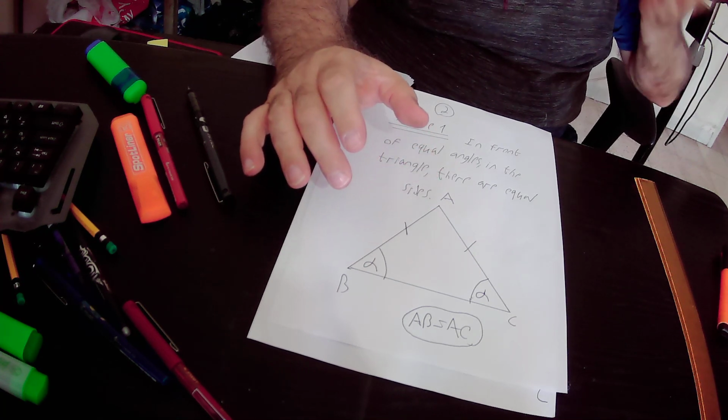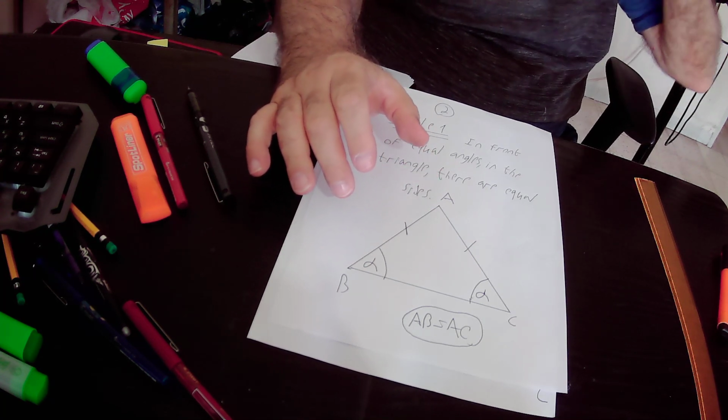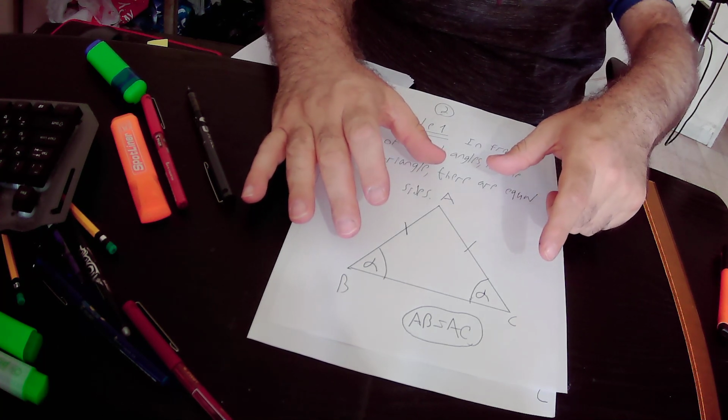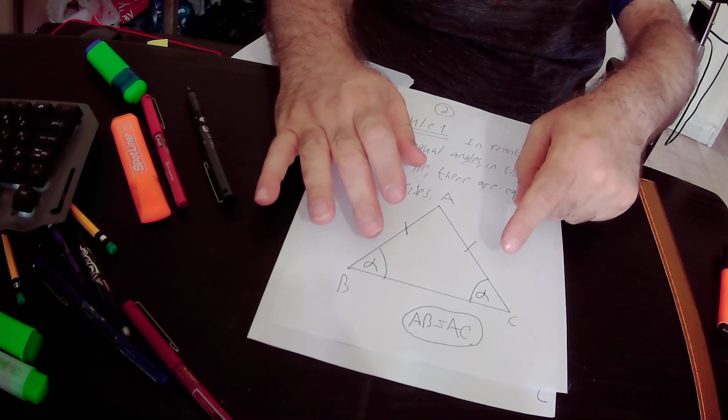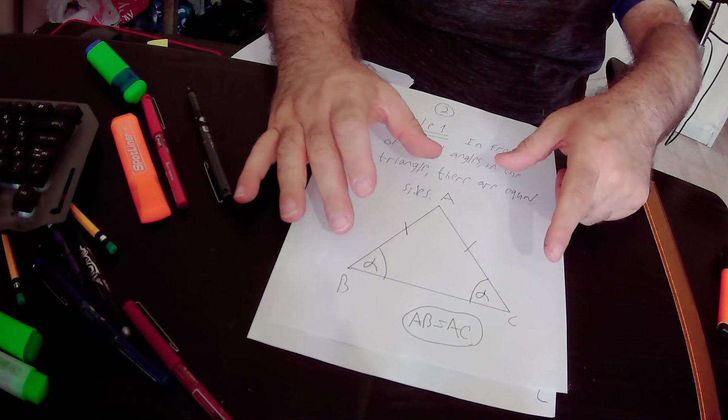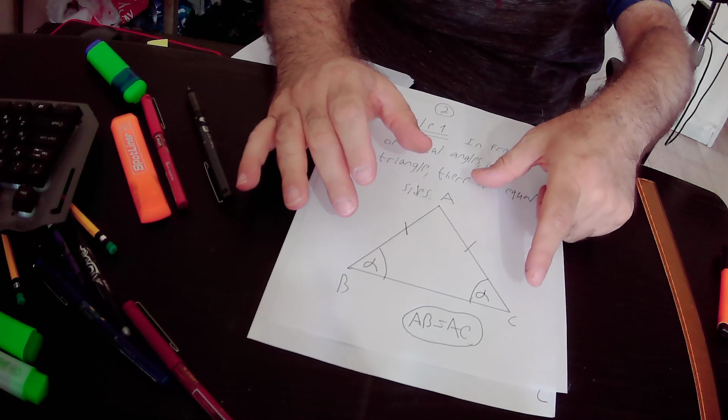So those two sides are also equal to each other. That is to say, AB equals AC.